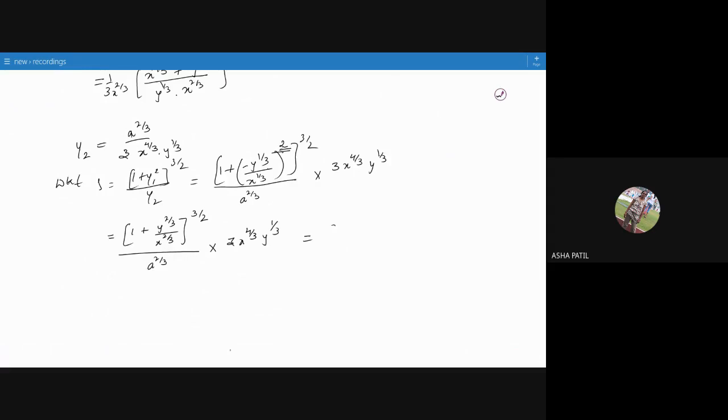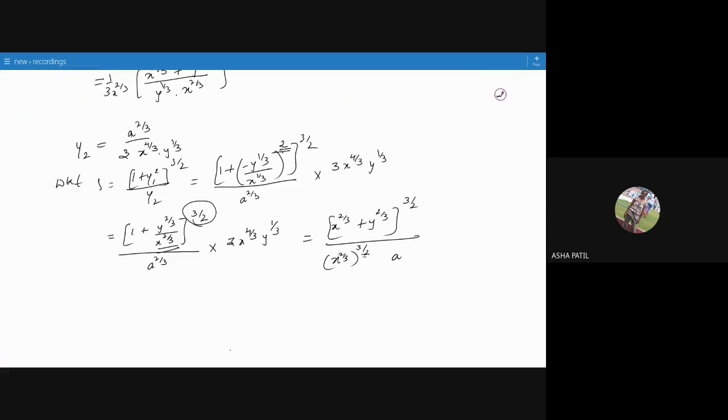Taking LCM, it is x raised to 2 by 3 plus y raised to 2 by 3 whole raised to 3 by 2 divided by, the LCM is x raised to 2 by 3, and it should be again raised to 3 by 2.